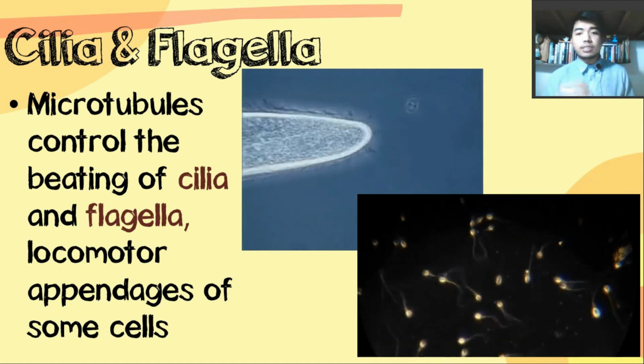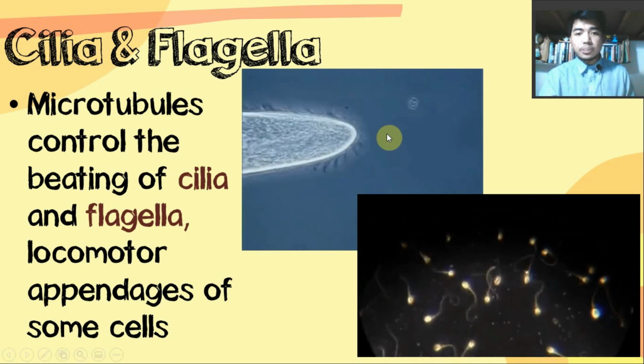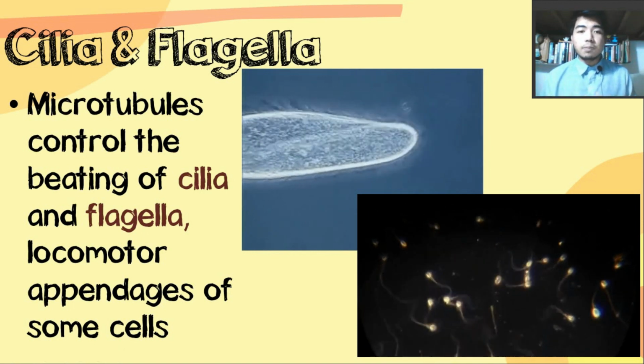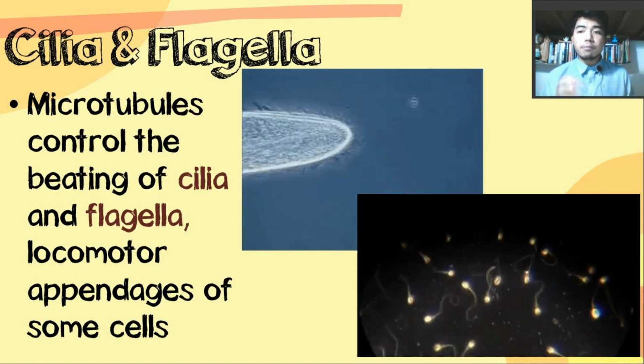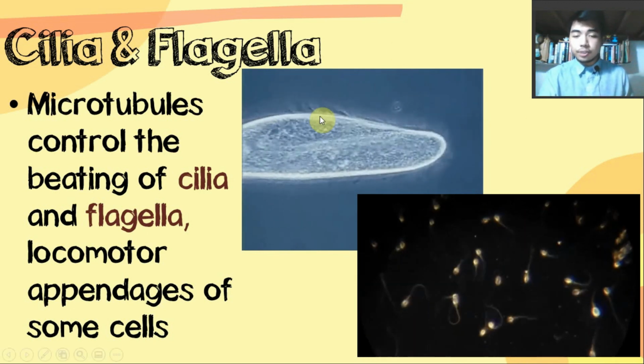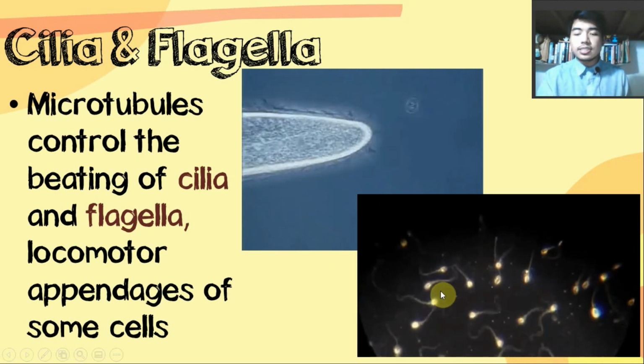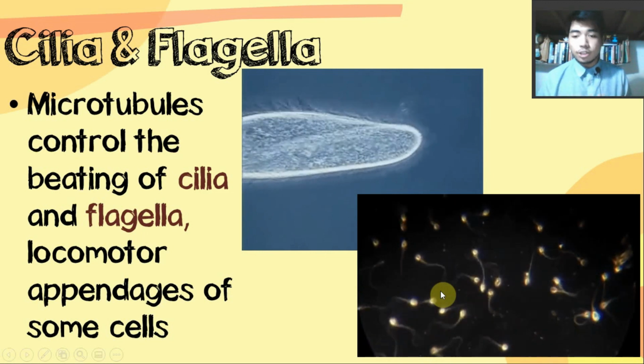So for instance, we have here the presence of a paramecium. A paramecium possesses cilia, which are responsible for the movement present on this protist. While in the case of flagella, as you can observe here, they are just like tails that are present on sperms.